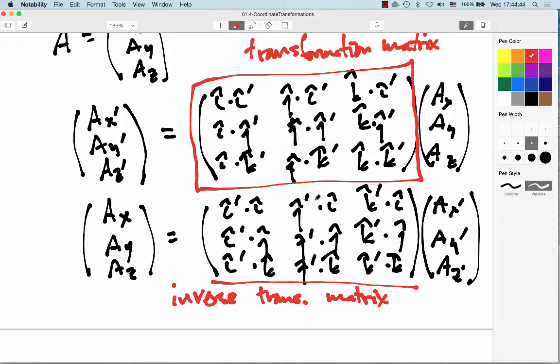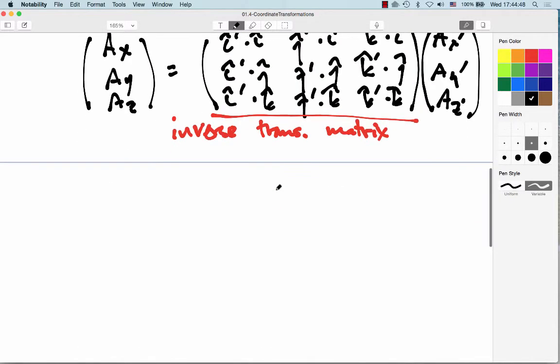These two matrices are orthogonal. So remembering back to linear algebra, our transformation matrix is called R. And if it's orthogonal, that means that its transpose is equal to its inverse.